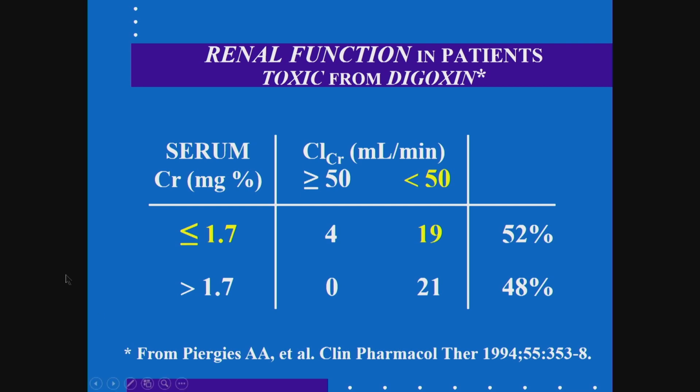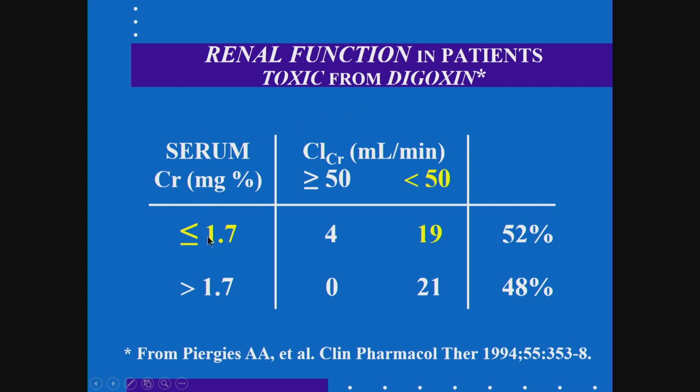They had a group of individuals that were clinically toxic due to the use of digoxin. And what they were trying to see is what was the clearance of creatinine in these patients as opposed to the serum concentration of creatinine.